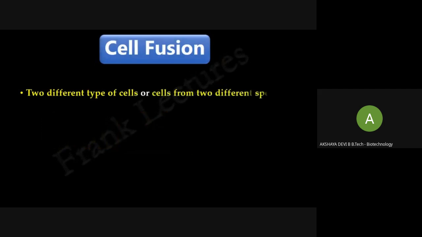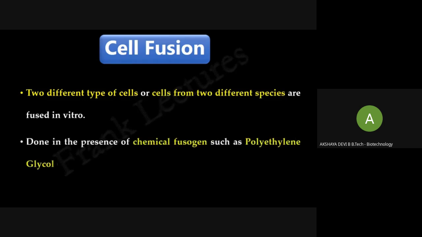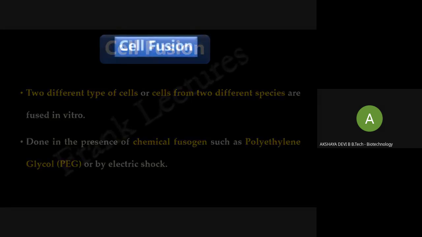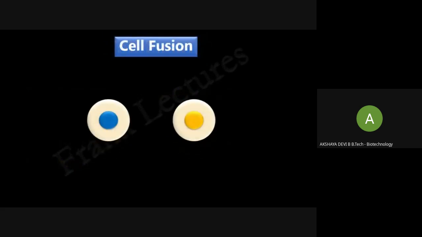Cell fusion is a technique in which two different types of cells, or cells from two different species, are fused in vitro. This is done in the presence of chemical fusogens such as polyethylene glycol, or by electric shock. Suppose these are two different types of cells, represented by X and Y. These cells are allowed to fuse by exposing them to the chemical fusogen polyethylene glycol.